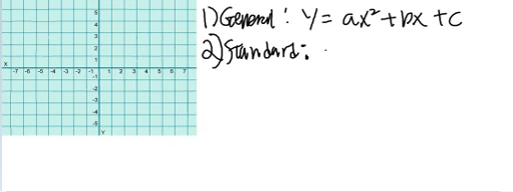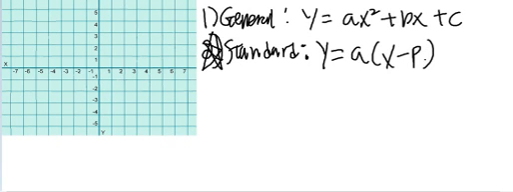This is pretty important. You should memorize this. This is like her birthday, so to speak. y equals a open bracket x minus p close bracket squared plus q.